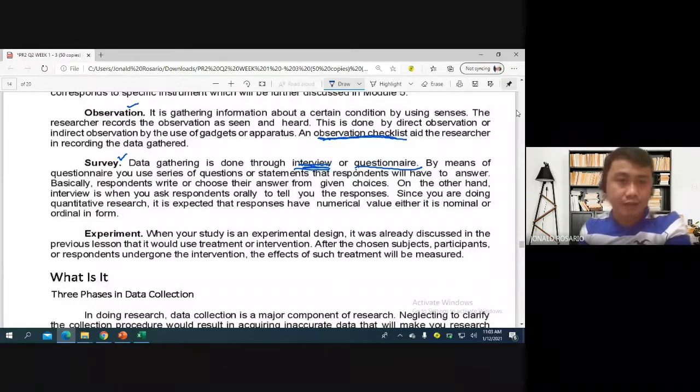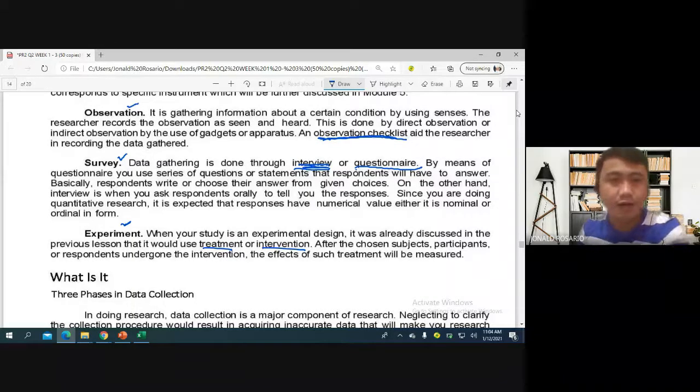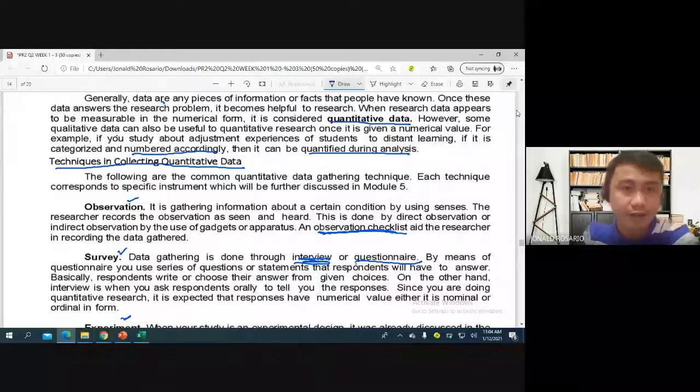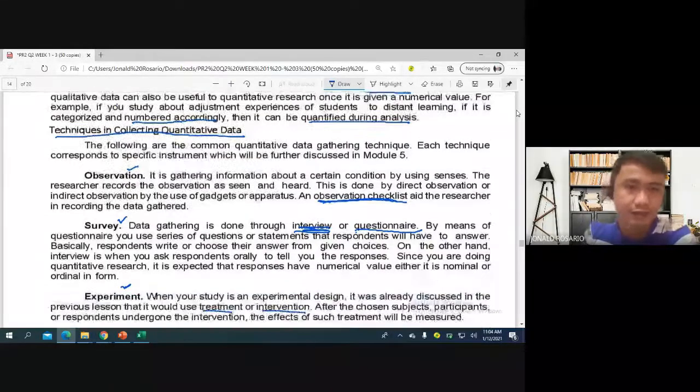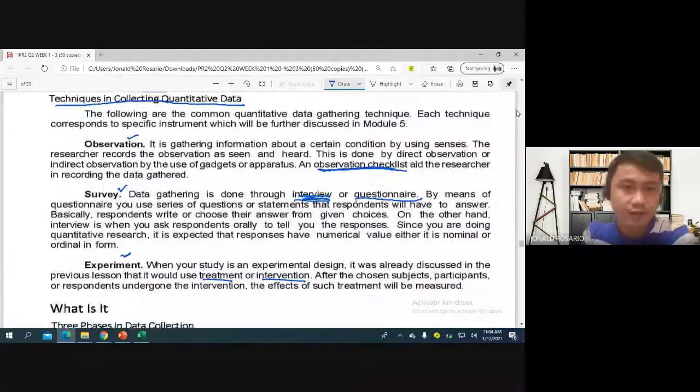Next, experiment. When your study is an experimental design, it was already discussed in the previous lesson that it would use treatment or intervention. Ganun lang po ang mga different techniques in collecting quantitative data.